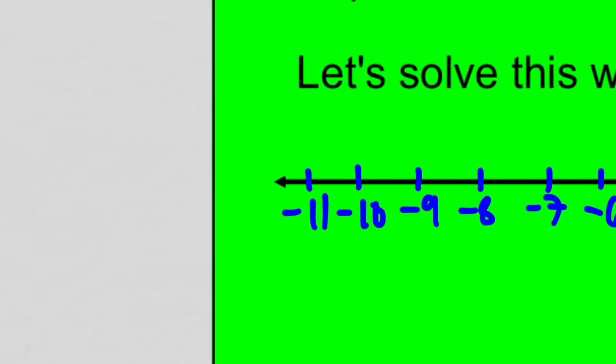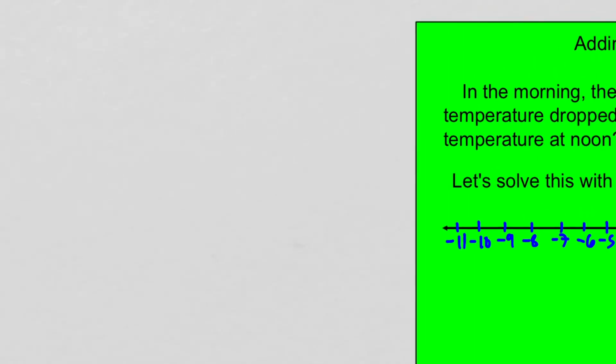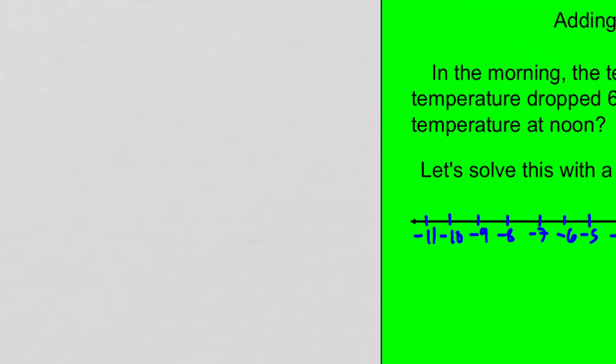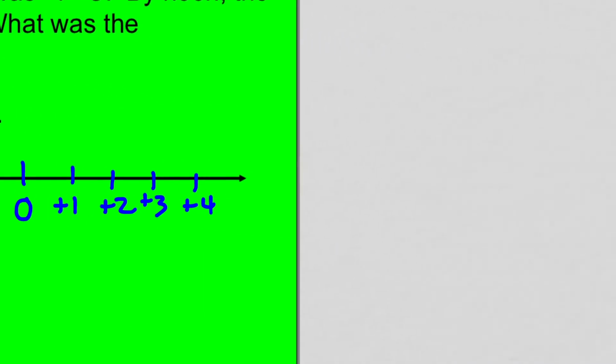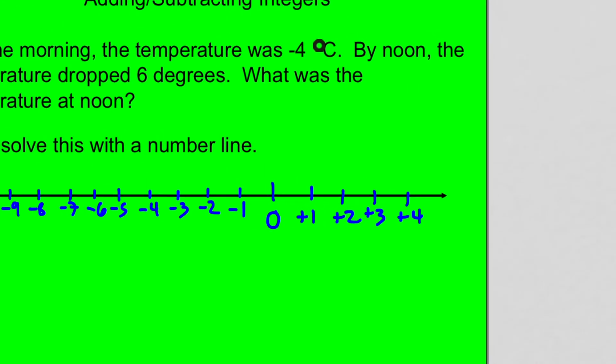And you could go on and on this way, and the integers would keep getting smaller and smaller. So as you go in the negative direction, integers get super small. As you go in the positive direction, integers get larger.